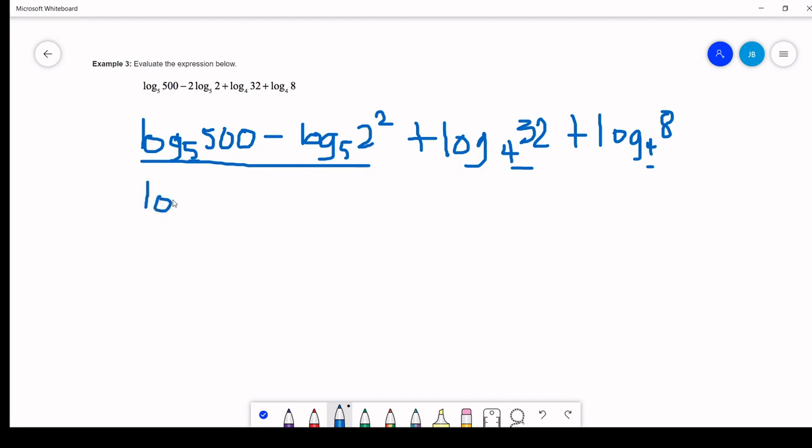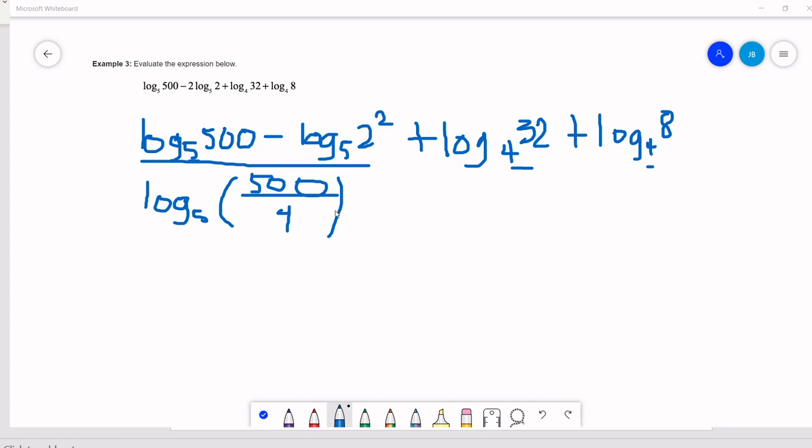So that would now be equal to log 5 of 500 over 4, since 2 squared is equal to 4, plus log 4. This one is to multiply since it's plus: 32 times 8.